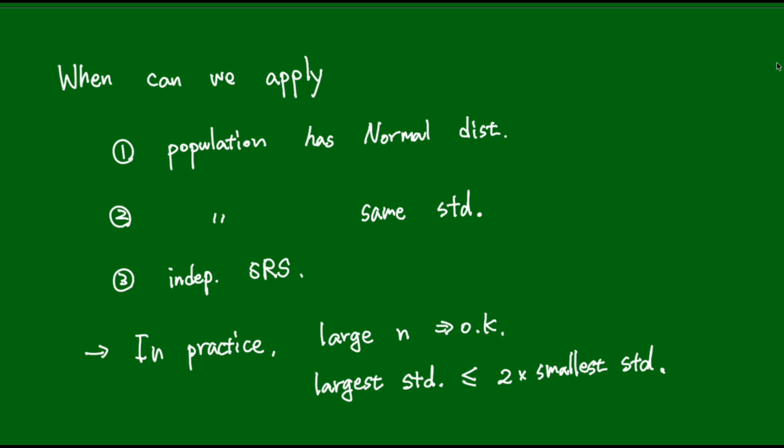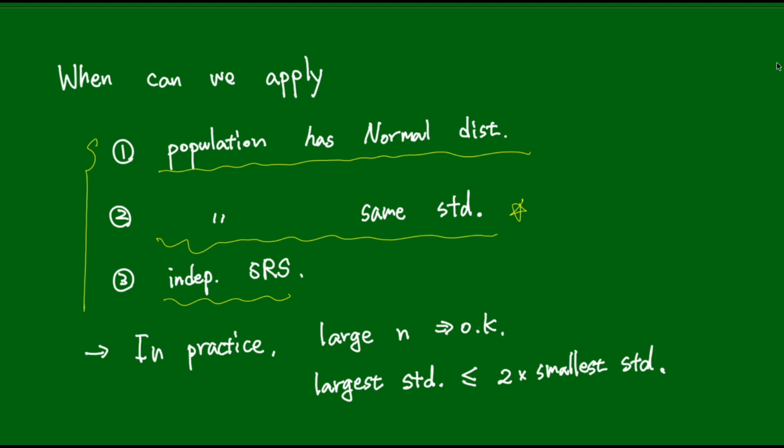In ANOVA, we are assuming that the population follows the normal distribution, and this is the key part. We are assuming that all the populations have the same standard deviation. And we are also assuming that each sample came from an independent simple random sample.